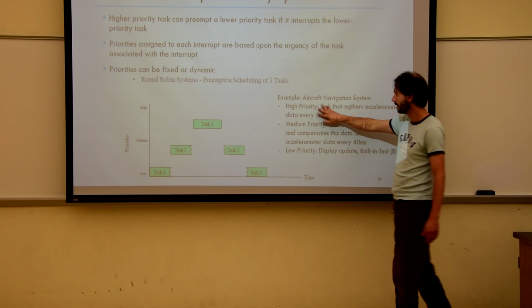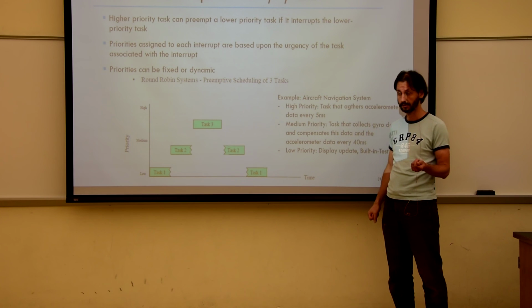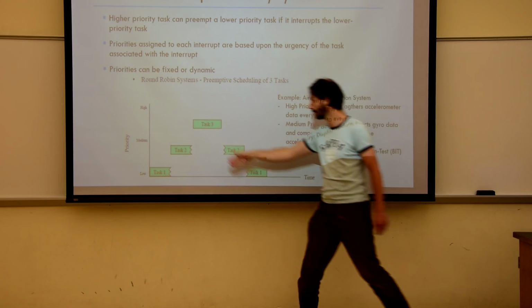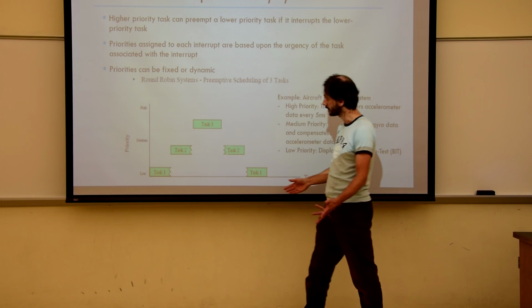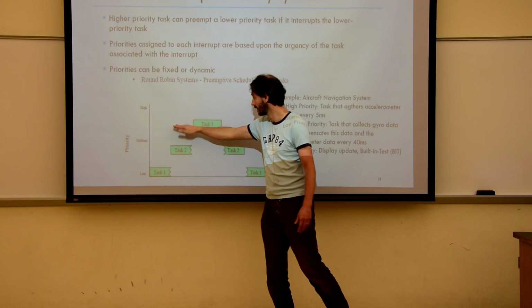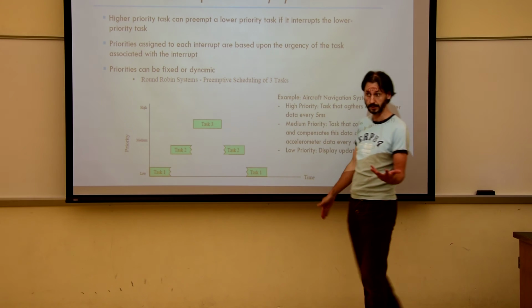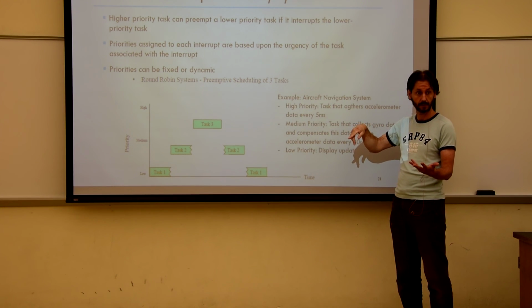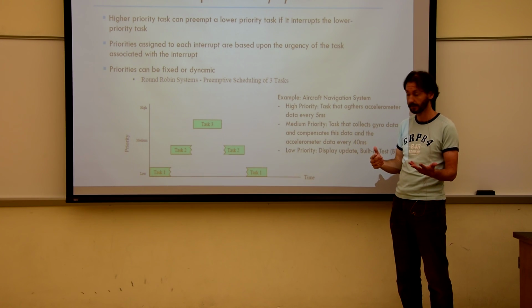When this high priority task needs to go ahead because the 5 milliseconds are done, it interrupts whatever is happening. But if there's another task, say task 4, with the same priority, then maybe it has to wait till that other task is finished with its time slice.